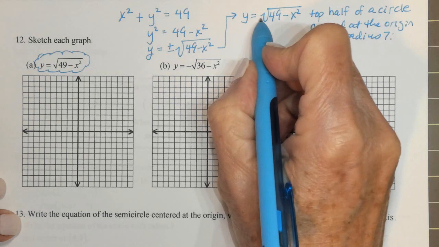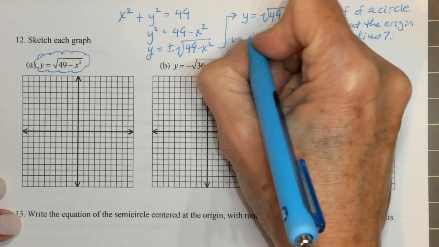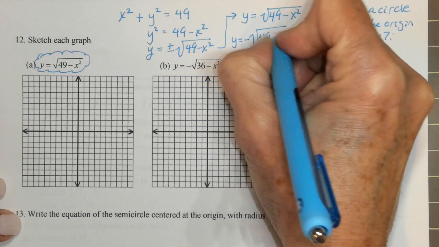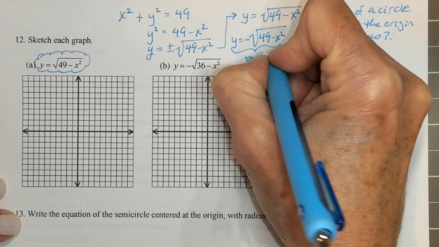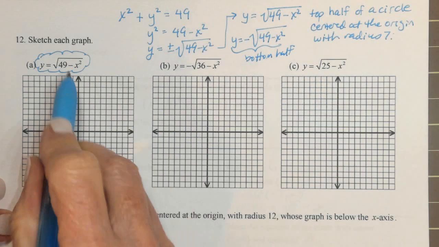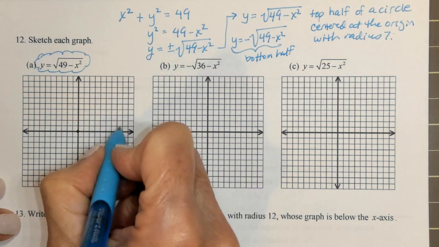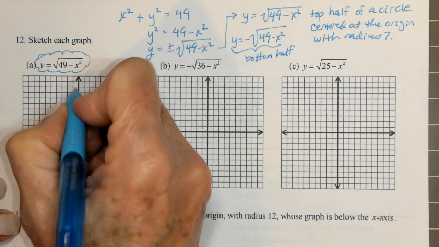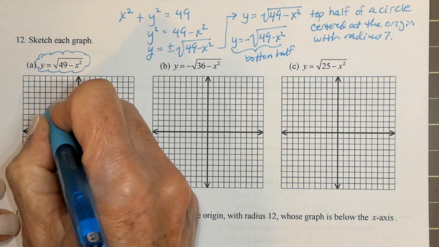The negative would be the bottom half, still centered at the origin, radius 7. So this is the top half of a circle centered at the origin with radius 7. So it is just the top half.